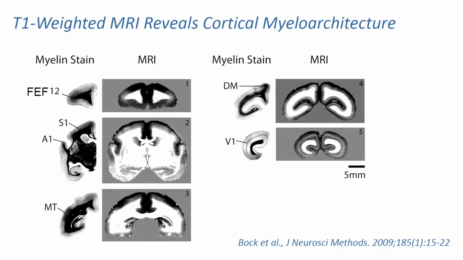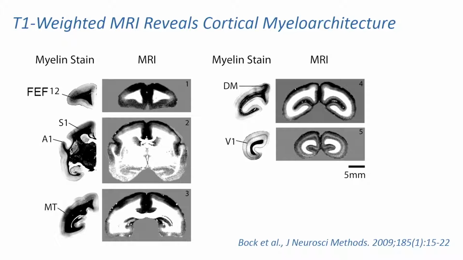And there's a lot of myelination, as I said, in the cortex, so areas such as the frontal eye fields and primary somatosensory cortex, primary auditory cortex, area MT, and area DM in the visual extrastriate cortex, and the stria of Gennari in primary visual cortex are heavily myelinated cortical areas that show up really well in the in vivo MRI.